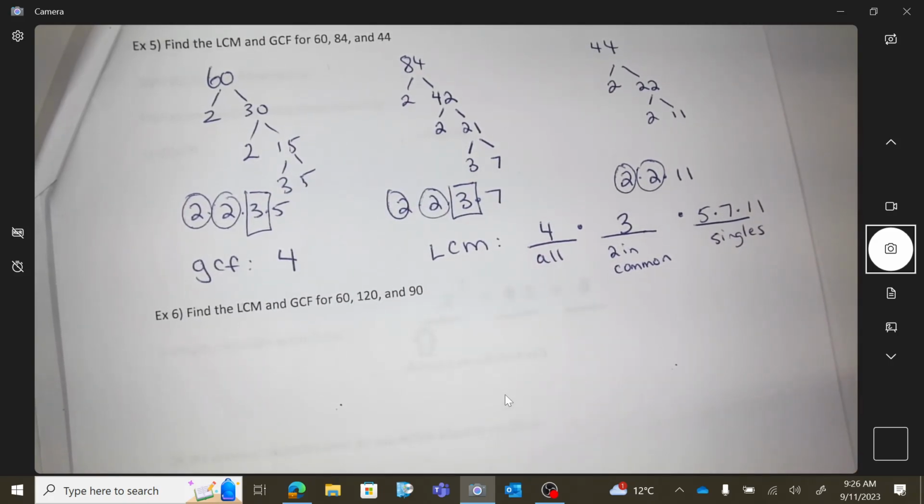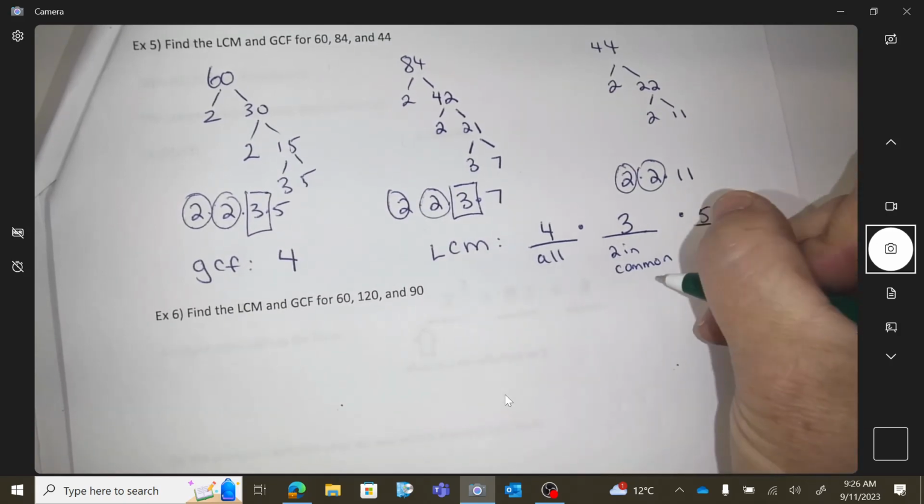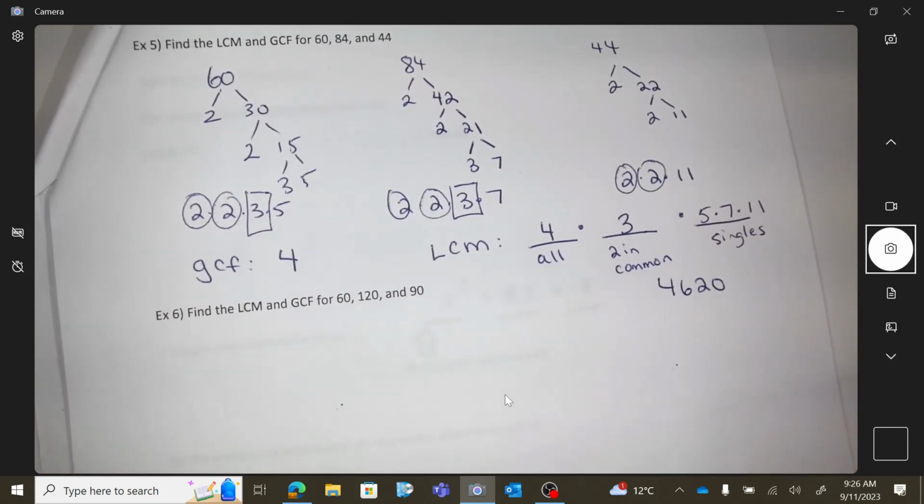So what do they all have in common? What do two things have in common times singles? Okay, so remember the number that you find there is a number you can divide by 60, a number that you can divide by 84, and by 44.